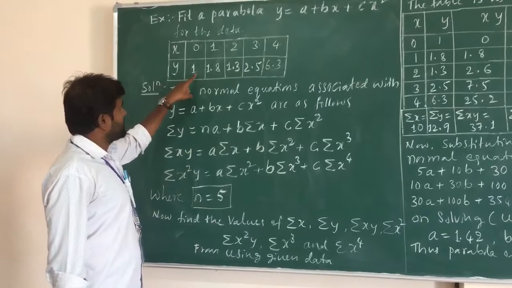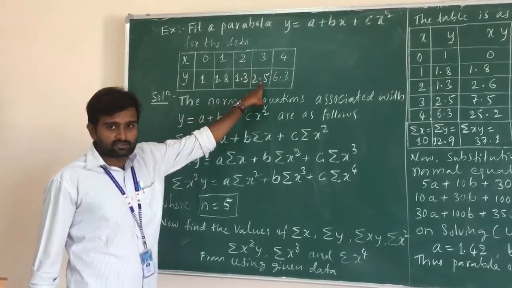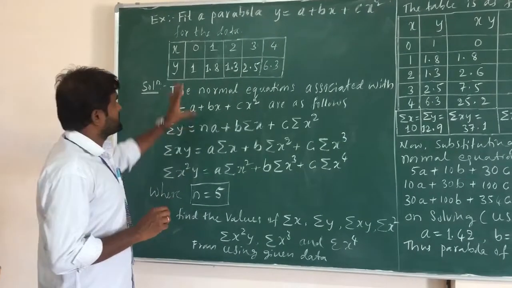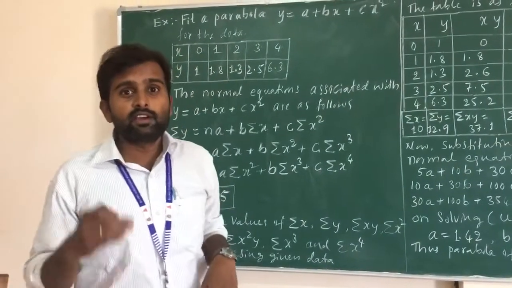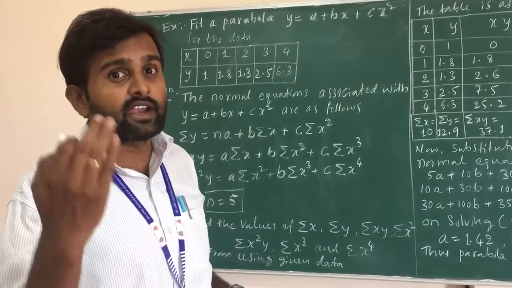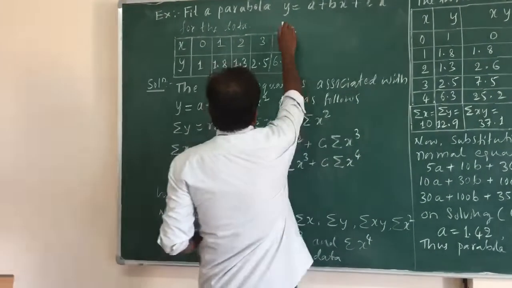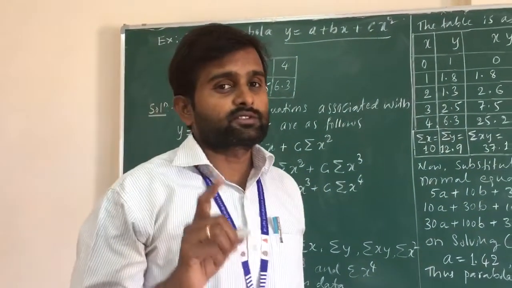Y has data 1, 1.8, 1.3, 2.5 and 6.3. This is the given data. Using this data we are going to fit a second degree curve, nothing but a parabola equation. So y equal to a plus bx plus c into x square.